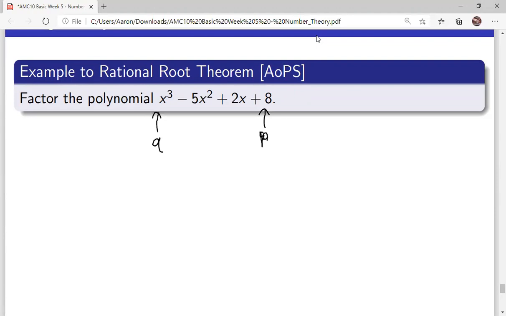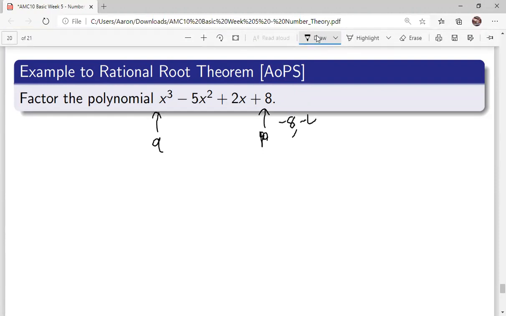And so this tells you that any rational root is an integer. So we can just try rational roots here. You can try -8, -4, -2, -1, 1, 2, 4, 8. And you can try any of these that you want until you find one.